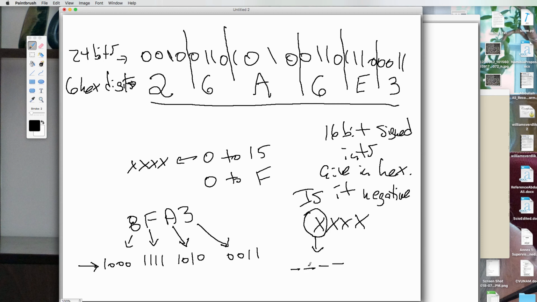It doesn't matter what the rest is, but if it's a negative number, the leading bit has to be a 1. If that's got to be a 1, that says this hex digit has to be at least an 8. So if I were looking at this as a 16-bit signed integer, and I see an 8 there, I go, it's a negative number. If I see this, it's a negative number. If I see this, I know it's a positive number. Okay.